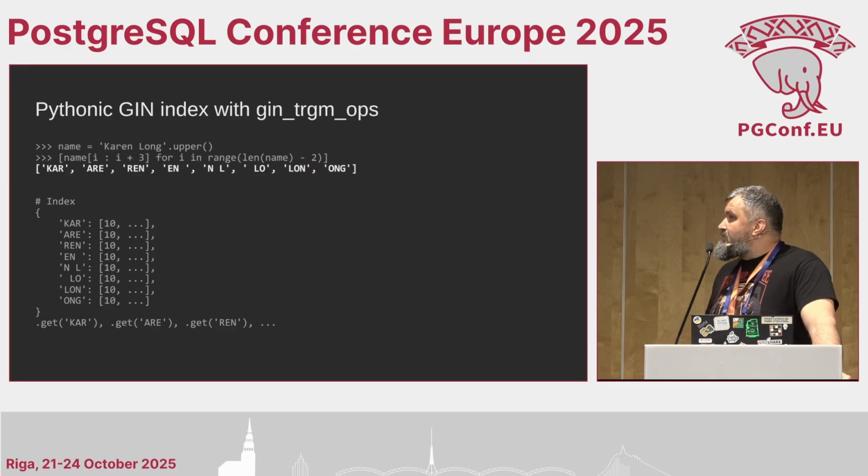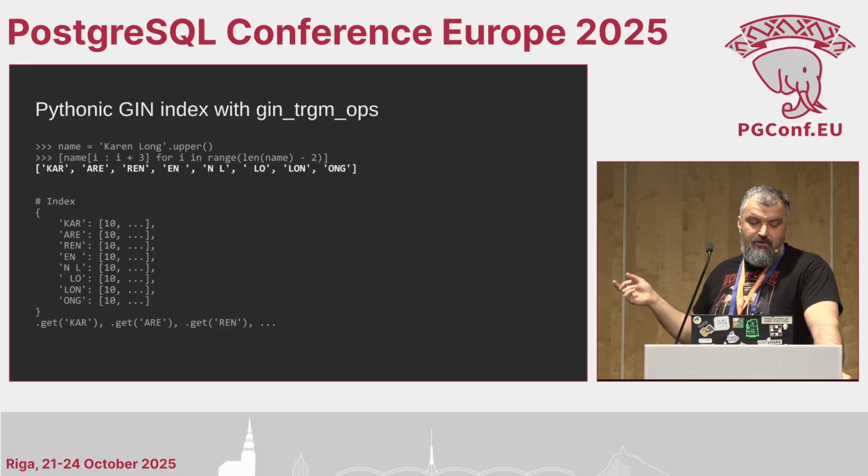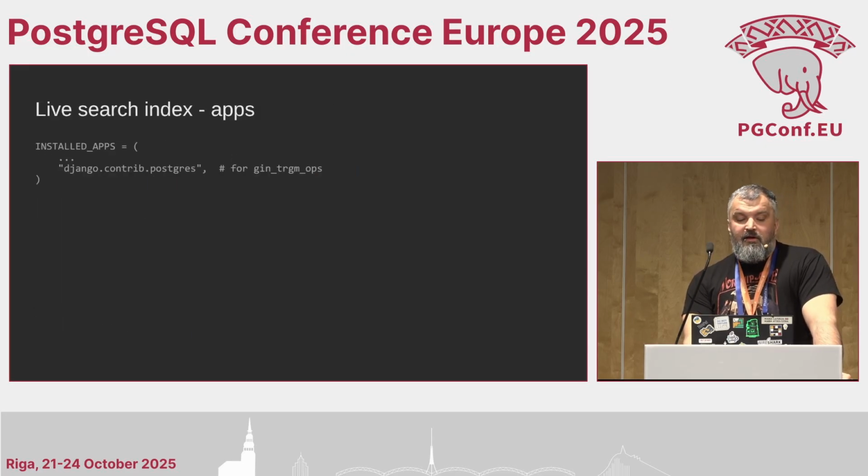And then it creates an index of these 3 letters mapped to the actual values. And whenever we are doing a search, we retrieve the values for each 3-letter combination from the input, then combine the result, and there we get it. It's a bit more complicated, but it works.